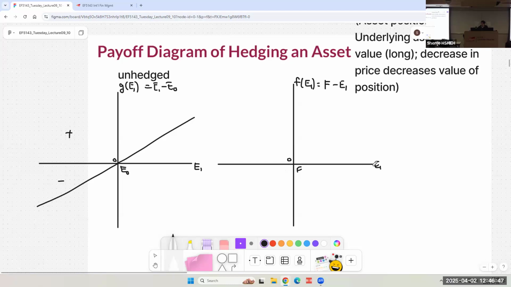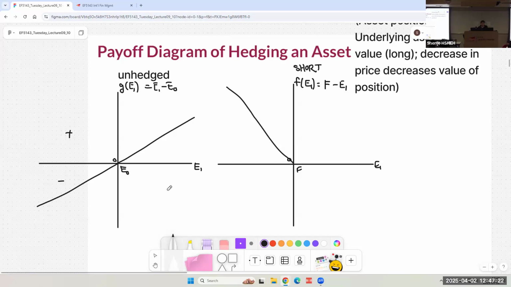Relative to where E1 lands after one period, F will dictate whether I get a positive return on this contract or negative, right? So here, if E1 is super small, I should get a positive payoff. Agree? So the smaller E is, the more I benefit from this position. So this is short forward. So I write short here.